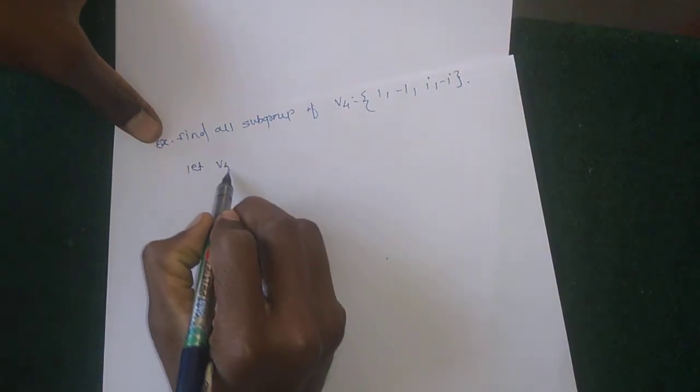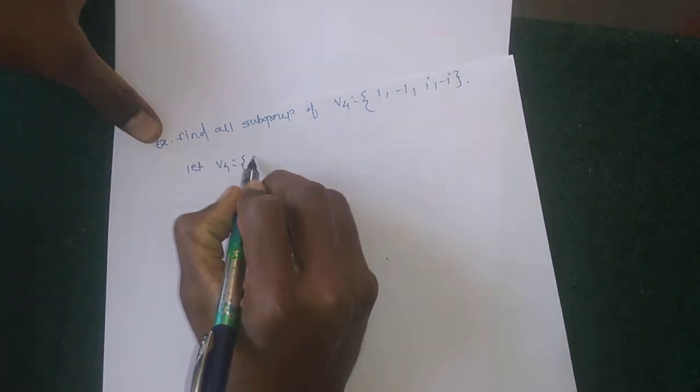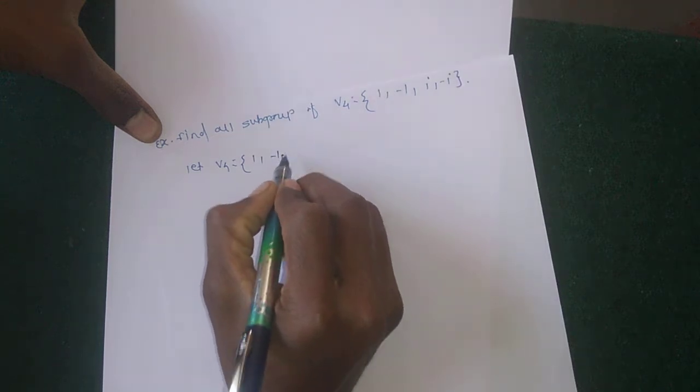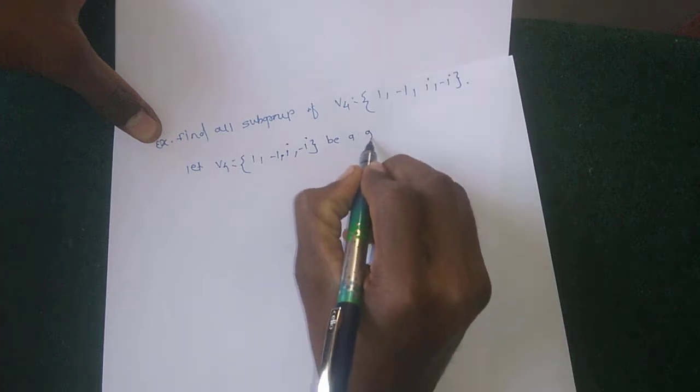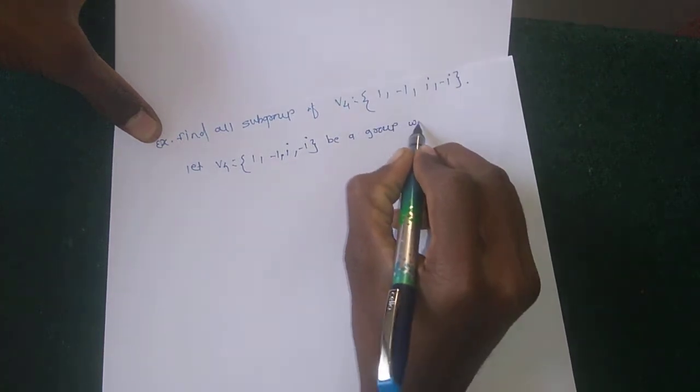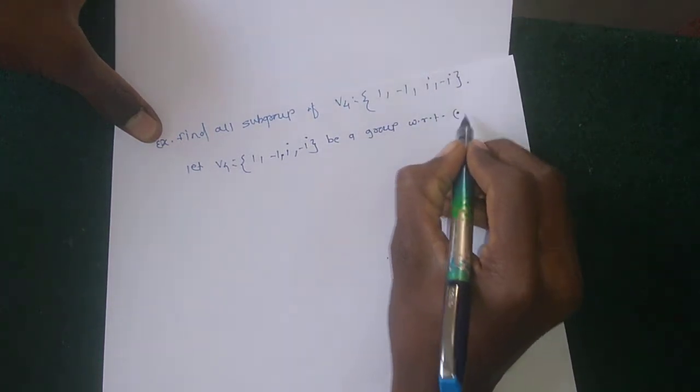Let V4 equal the given set {1, -1, i, -i} be a group with respect to multiplication.